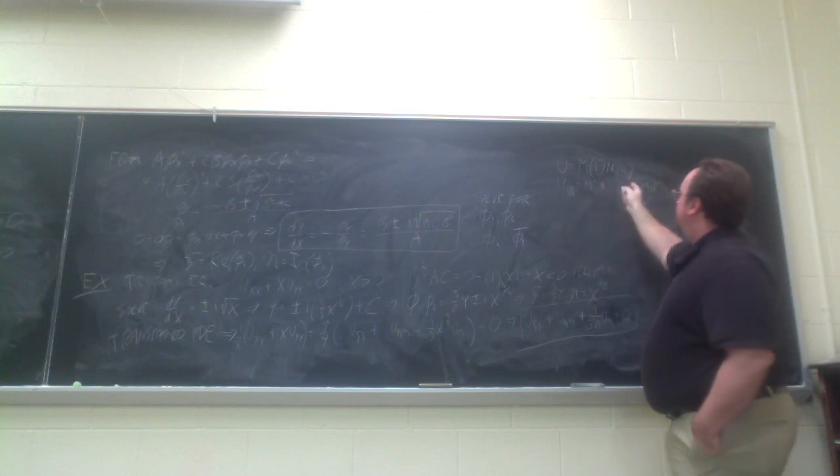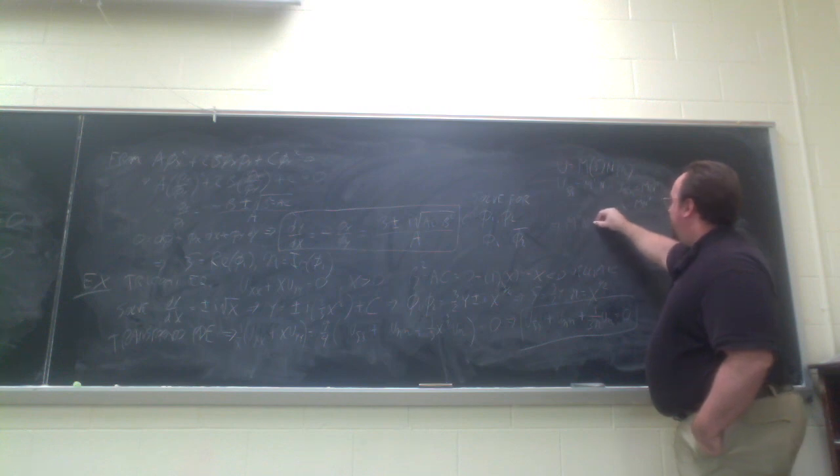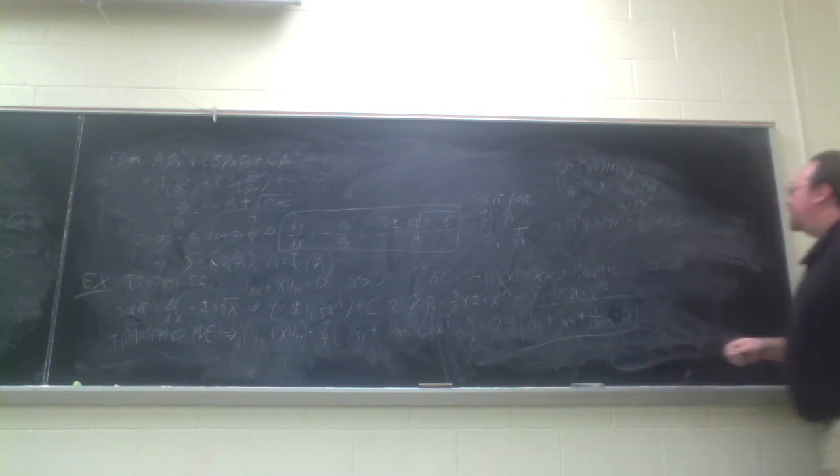So if I plug this form in, you get M double prime N plus M N double prime plus 1 over 3 eta M N prime is 0.